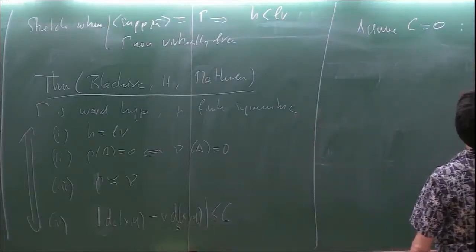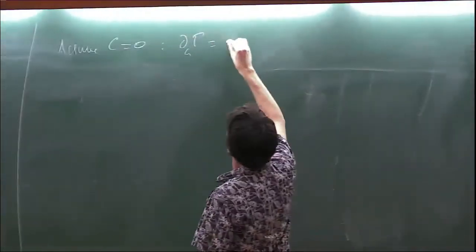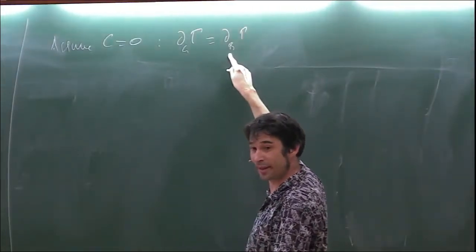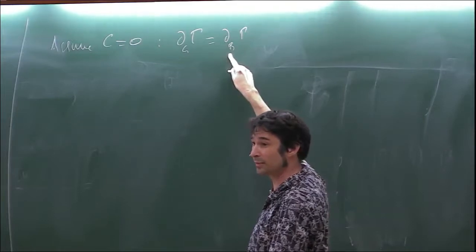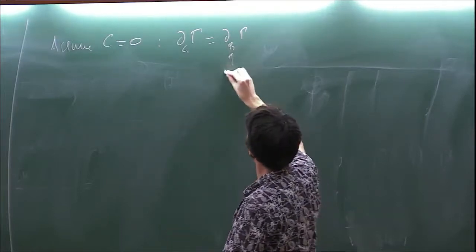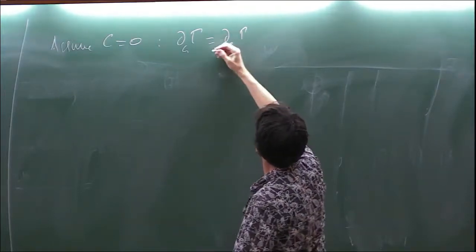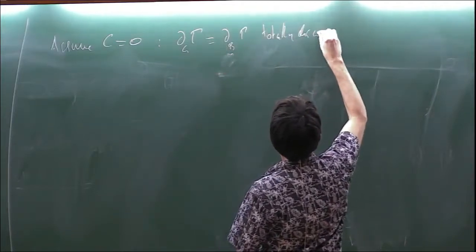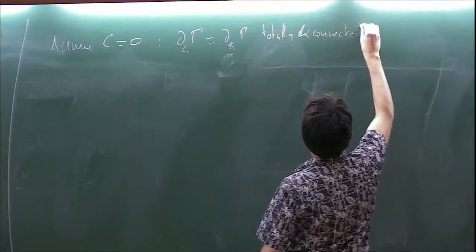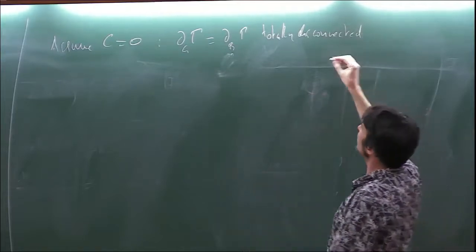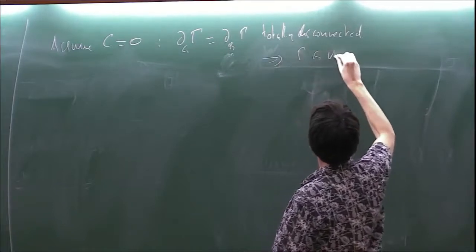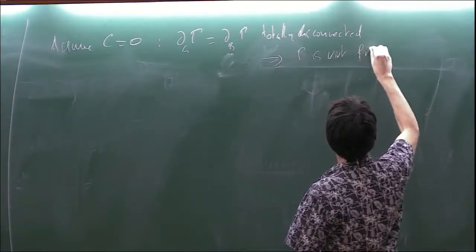So the Gromov boundary of gamma is the same as the Busemann boundary, because this is the Martin boundary, and the Martin boundary is the same as Busemann. And so this is totally disconnected. Then this implies that gamma is virtually free.